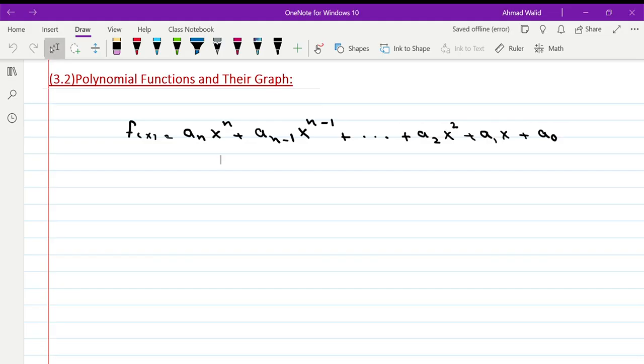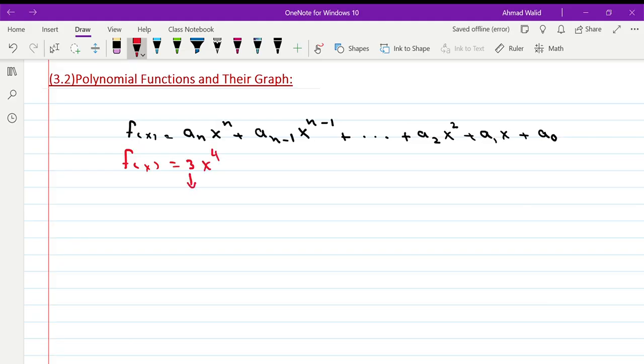It's written there. Any function that's in the form of f of x equals a sub n x to the power of n, correct? For example, if I put a numeric example here for you, f of x equals 3x to the power of 4.